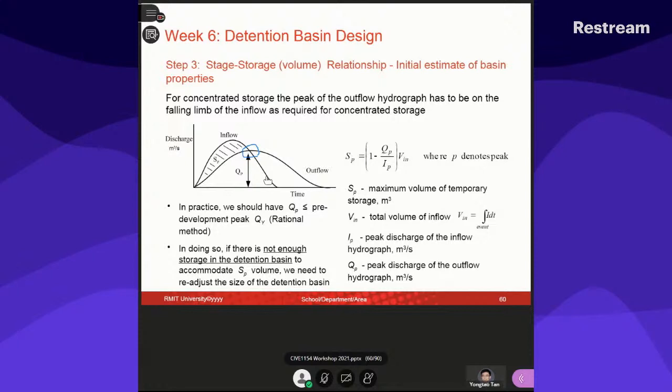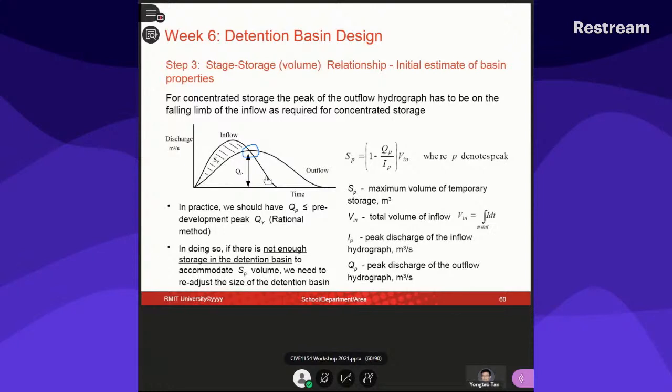That means the water released from the storage is larger than the water flowing into the storage, so the water level in the storage decreases.